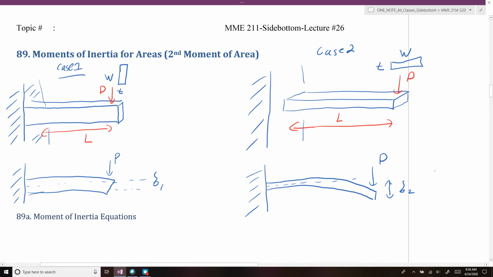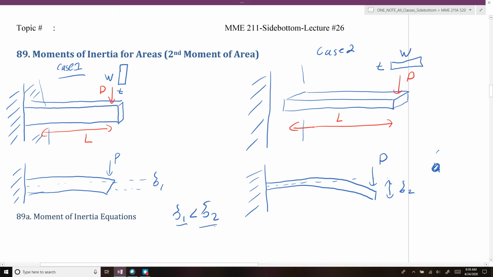So that deflection is going to be proportional, and in this case what we notice is that delta 1 is going to be less than delta 2.